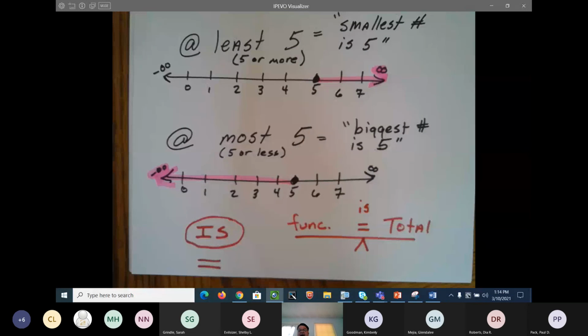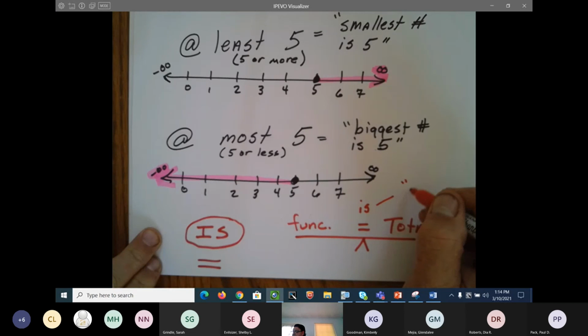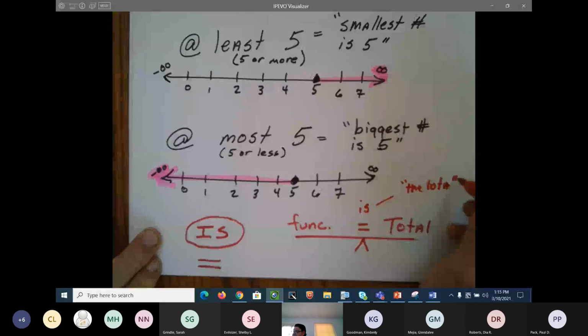So if the equal sign is usually "is," then what word usually follows "is"? The total. Give me another word that means everything added up. The sum.